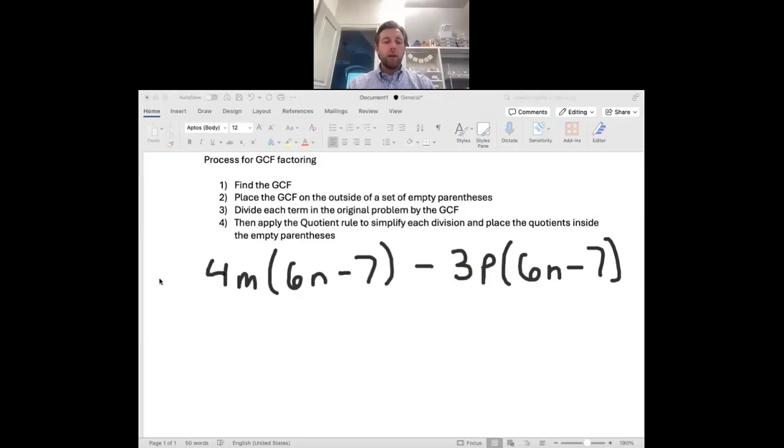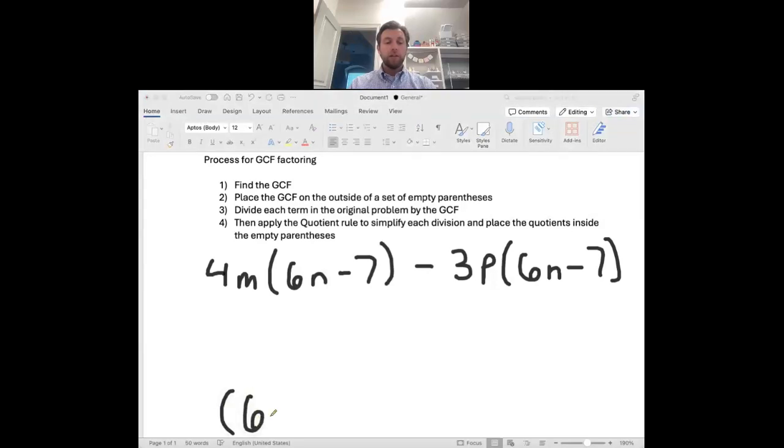But what's the giveaway here? The directions say factor. Notice this binomial in parentheses appears in both places. So it's common to both. We can pull that common binomial out.